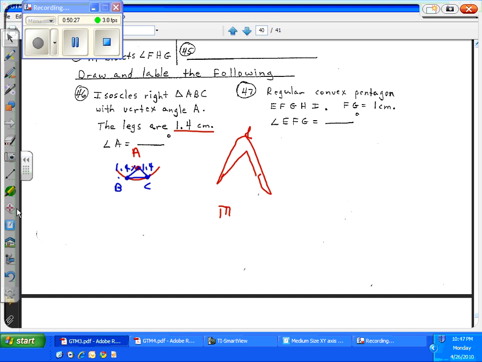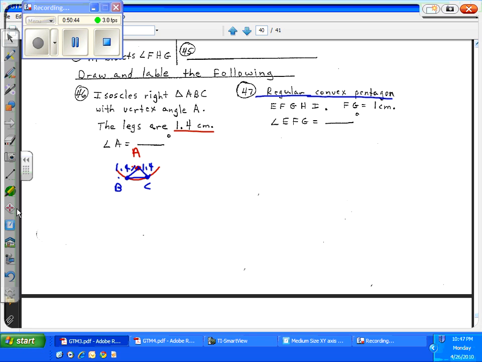Regular pentagon with one of the sides at a centimeter. Now, you've got to know what the angles are.